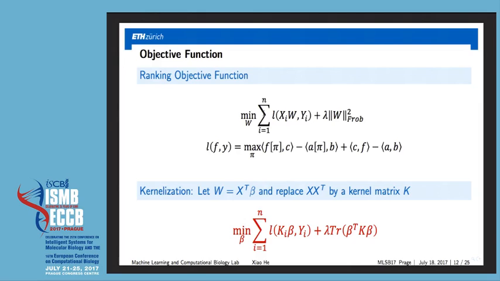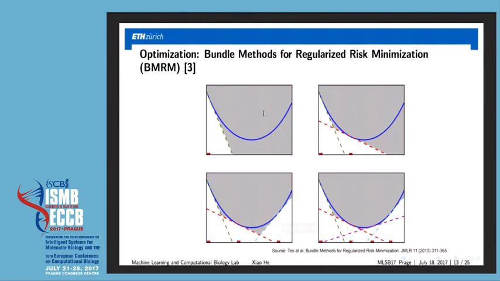And this gives our final optimization problem, which is to minimize over beta, on all the samples, the convex upper bound of the DCG loss function. And the regularization term also turned from the Frobenius norm to the norm on the kernel matrix. For the optimization, we use the bundle methods for regularized risk minimization.